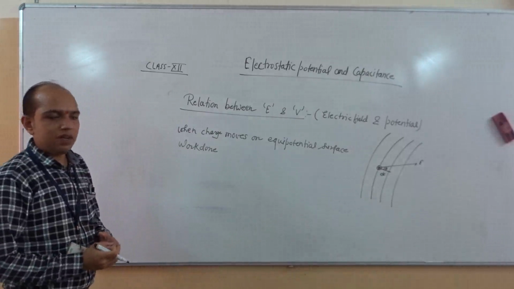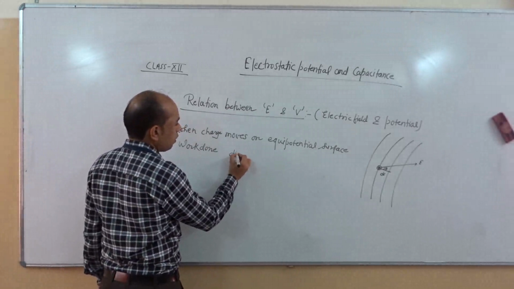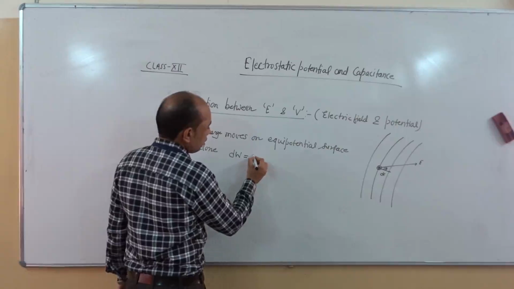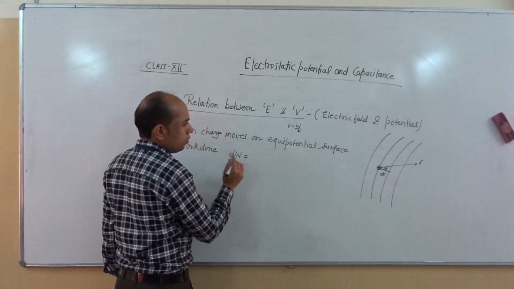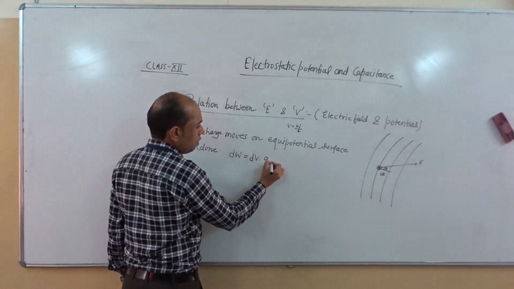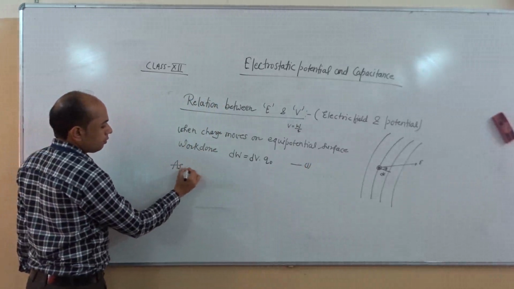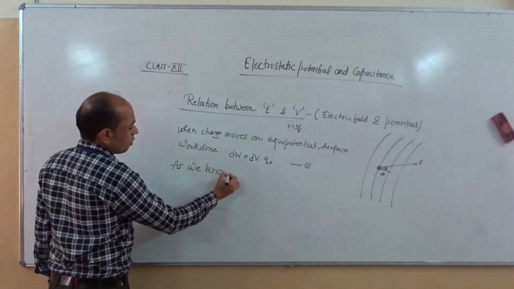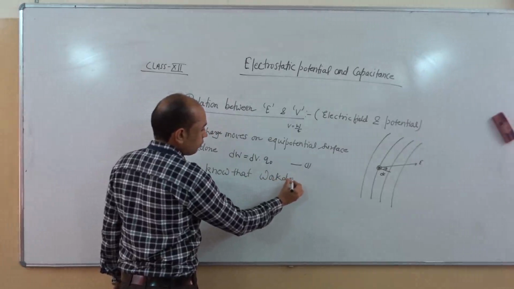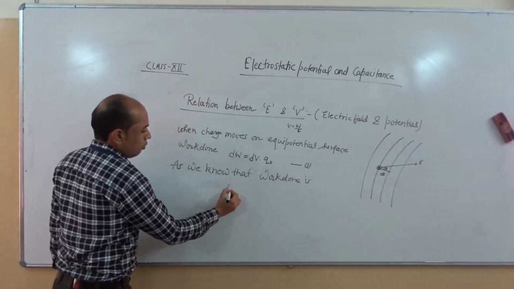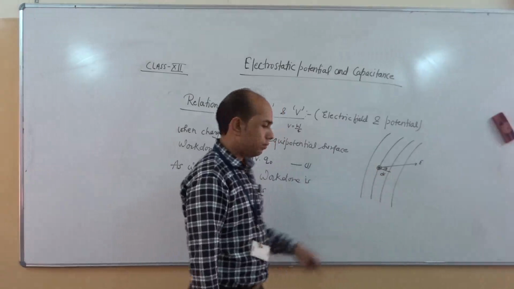Via potential identity, V is equal to W upon Q. So work done, since V is equal to W upon Q naught, W is equal to dV with Q naught, equation number first. Similarly, as we know, work done dW is equal to force into displacement, and here displacement is ds.